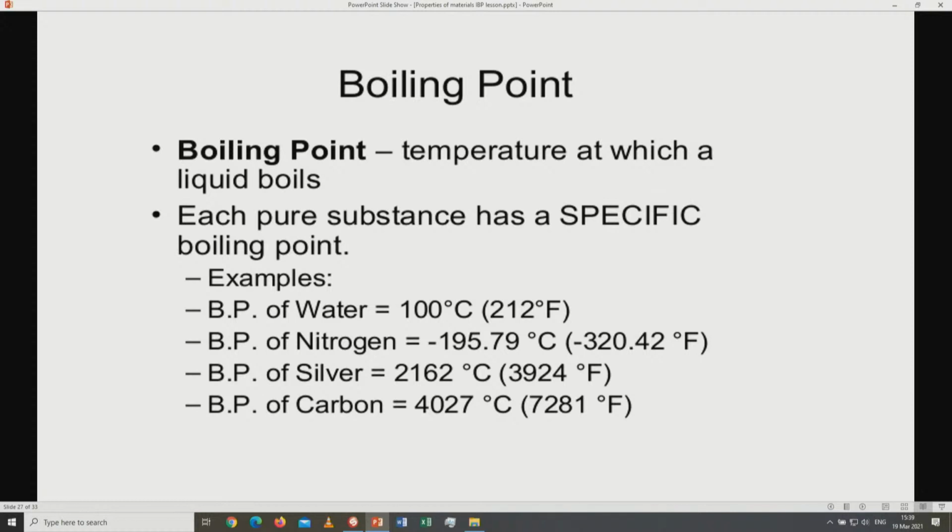You can see for water we have 100 degrees Celsius. Nitrogen is minus 195.79 degrees Celsius. Silver is 2162. You can see it is quite high.